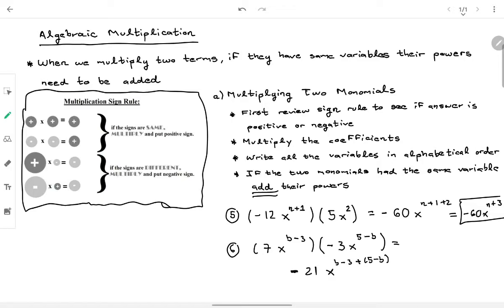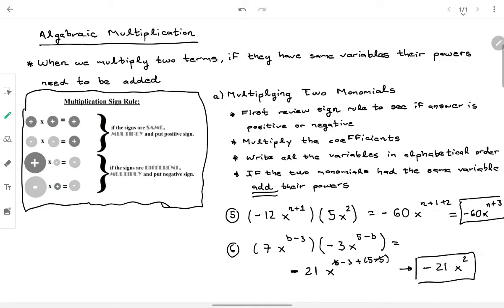So in this case, b minus b, we can eliminate it. So our final answer is going to be minus 21x to the minus 3 plus 5, it's 2. So it will be minus 21x squared. And that will be our final answer.